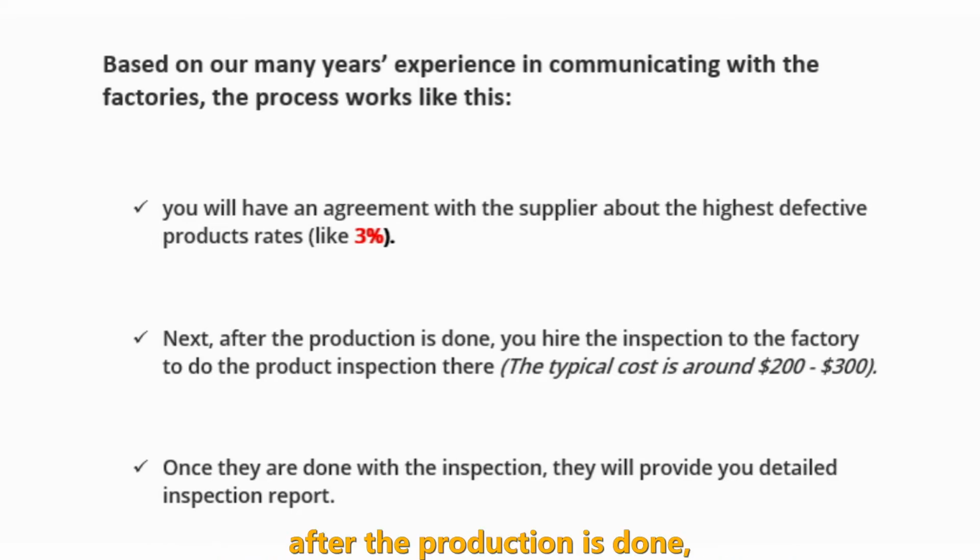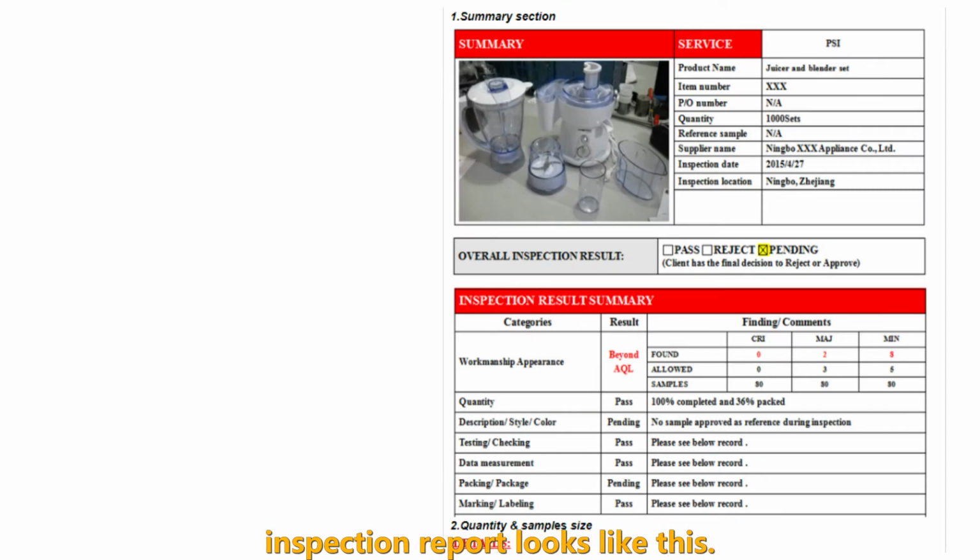Next, after the production is done, you will hire the inspection staff and they will go to the factory to do the product inspection there according to your requirement. Once they are done with the inspection, they will provide you a detailed inspection report. And the typical inspection report looks like this.